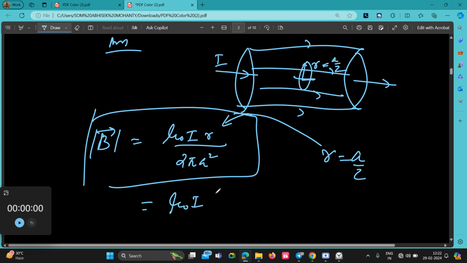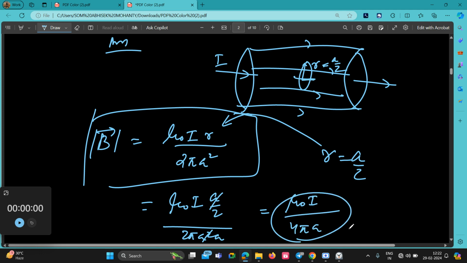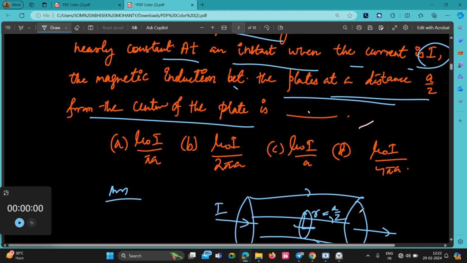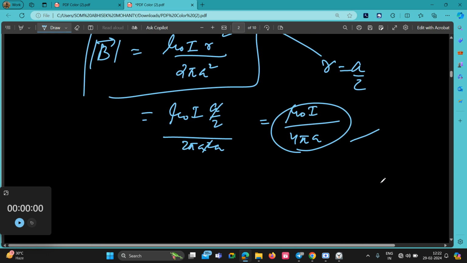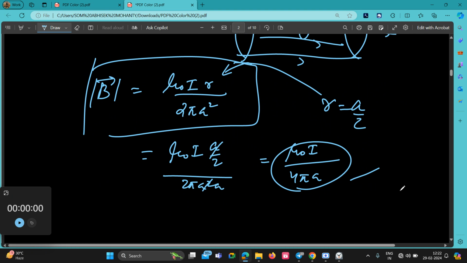Mu naught I into a by 2 divided by 2 pi a square. So a cancels out, and we get mu naught I by 4 pi a. Simple and straight. The option mu naught I by 4 pi a is the answer. Just a formula-based question.